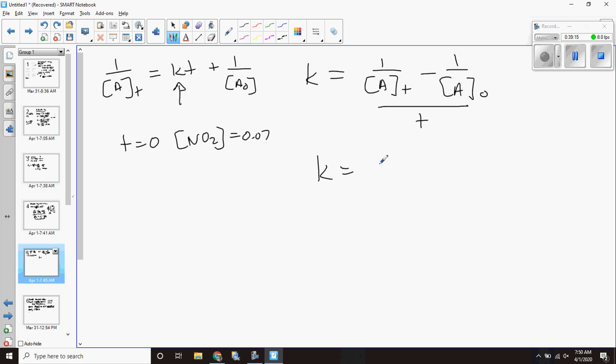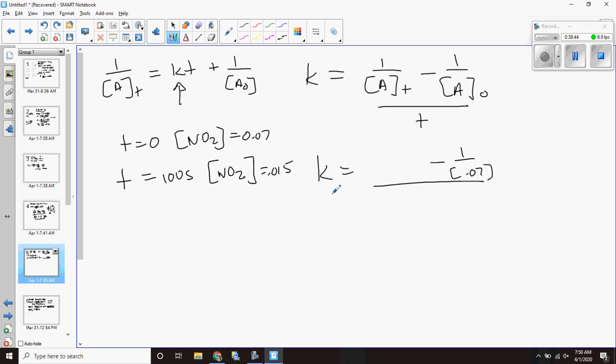So k equals, this thing is minus 1 over 0.07. Now I have to find the concentration at some later time, and you might as well use the very next time. It says t equals 1 times 10 to the 2 seconds. That's 100 seconds. The concentration of NO2 is 0.015.